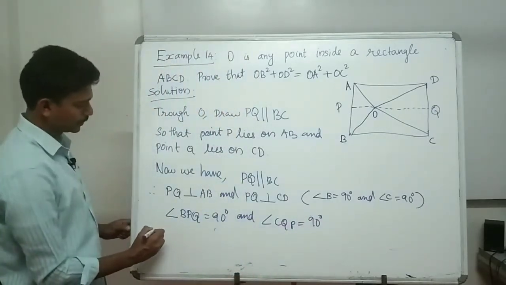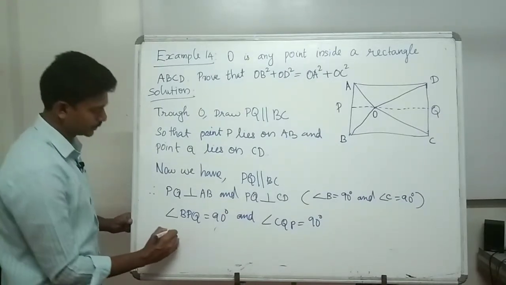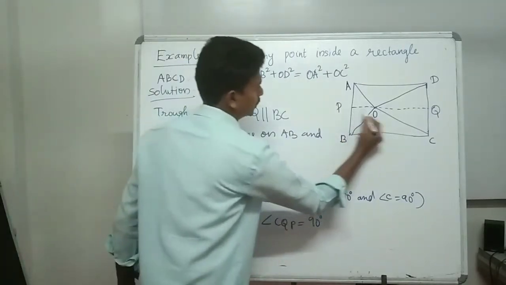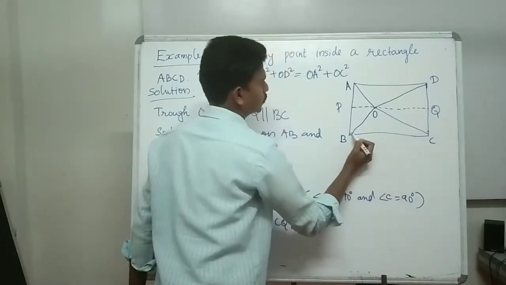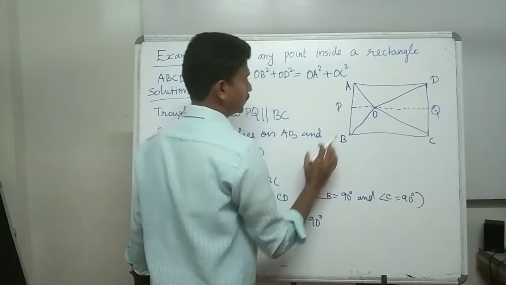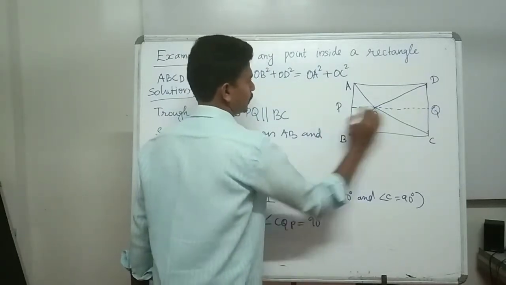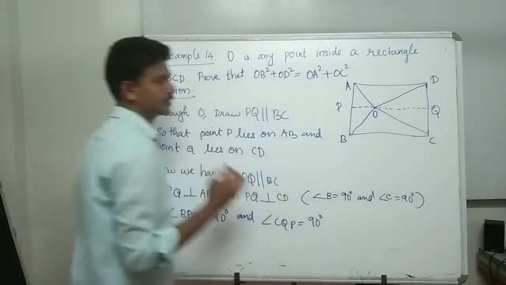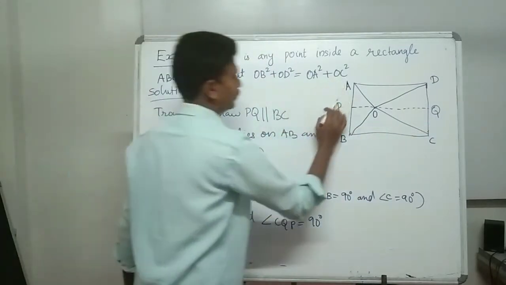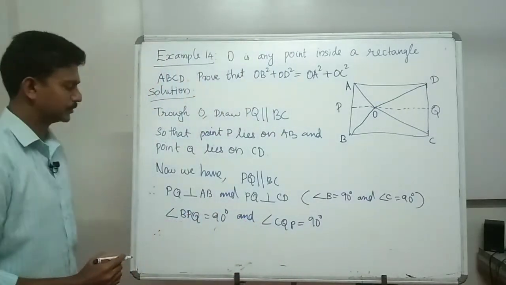So from this we get one quadrilateral, and this also becomes a rectangle. All angles are 90 degrees, so we can say that BPQC is a rectangle, and the same way APQD. In this order we are taking in this example.